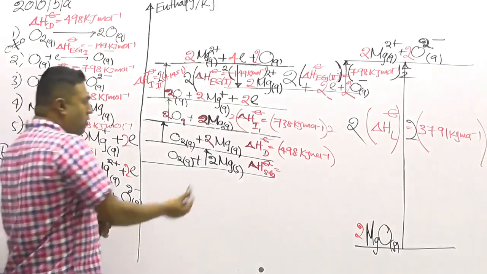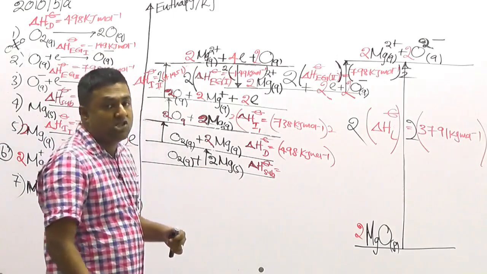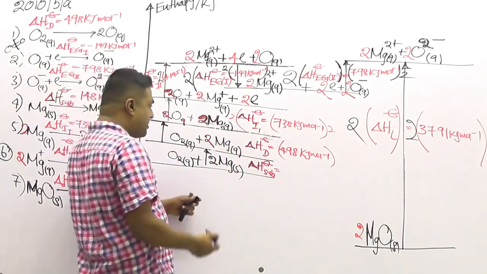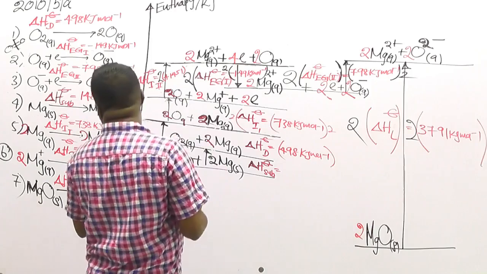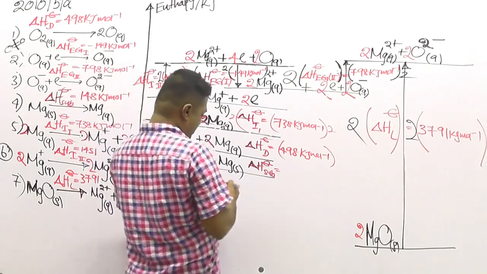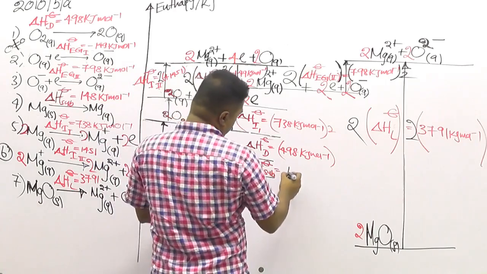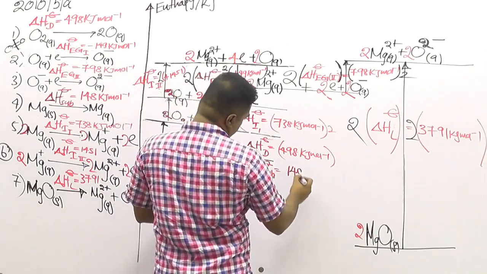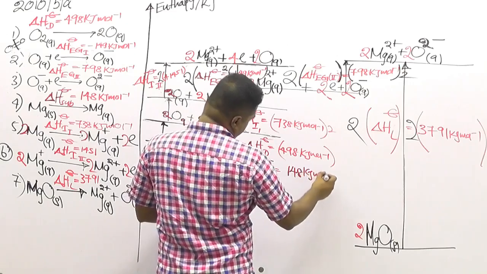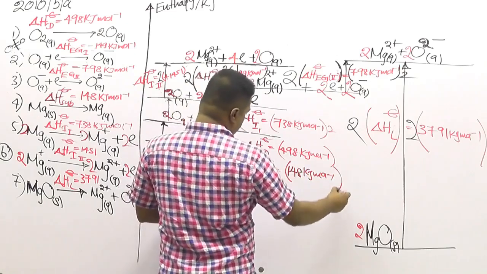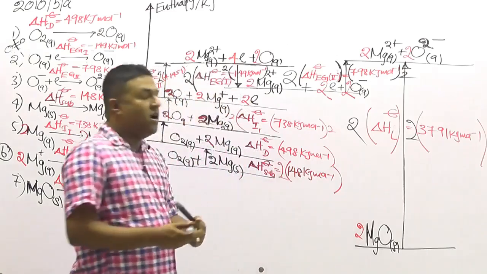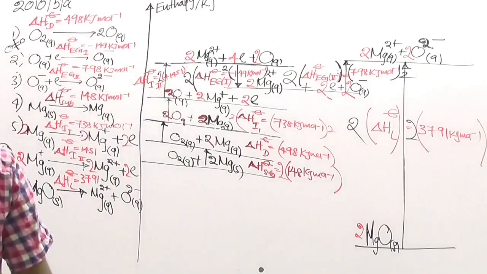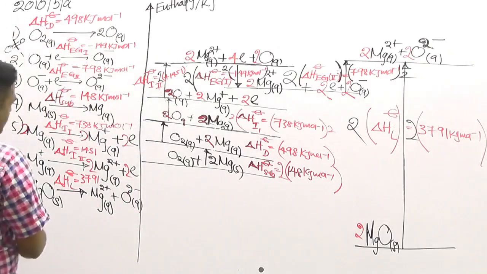But for 2 moles of Mg solid converting to 2 moles of Mg gas, you need twice that, twice 148 kilojoules per mole.